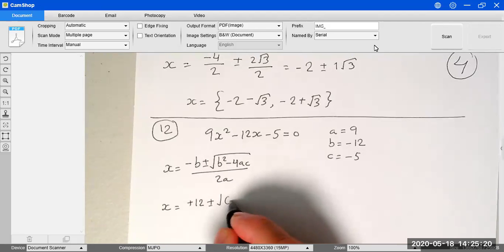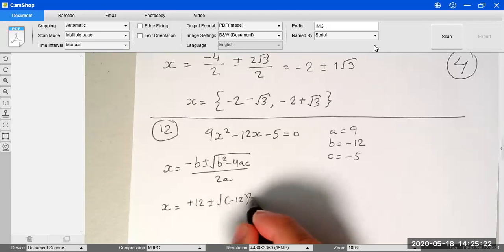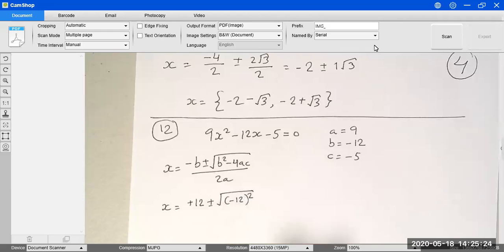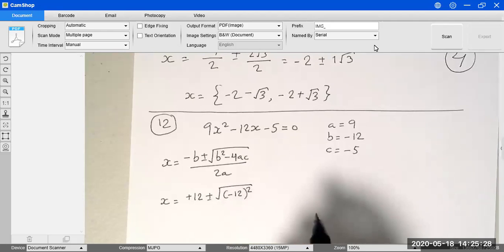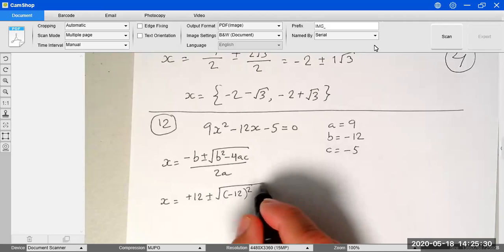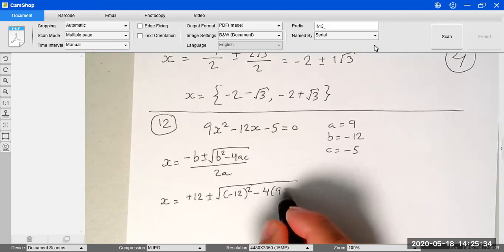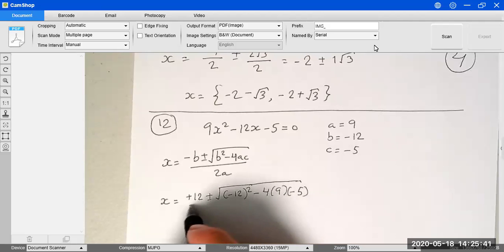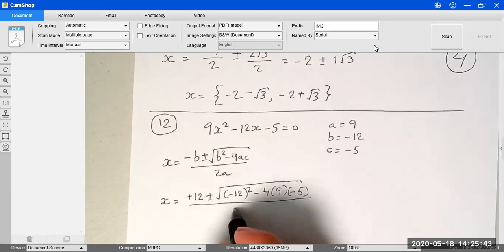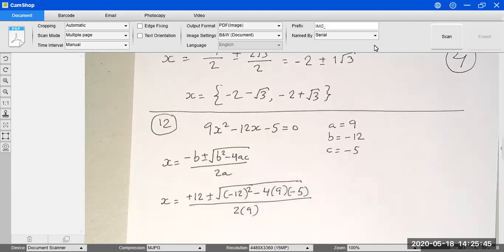B is negative, so I'm going to use a parenthesis to prevent mistakes, because any negative quantity that is squared is going to become positive. So now minus 4 times A is 9 and C is negative 5 over 2 times A.